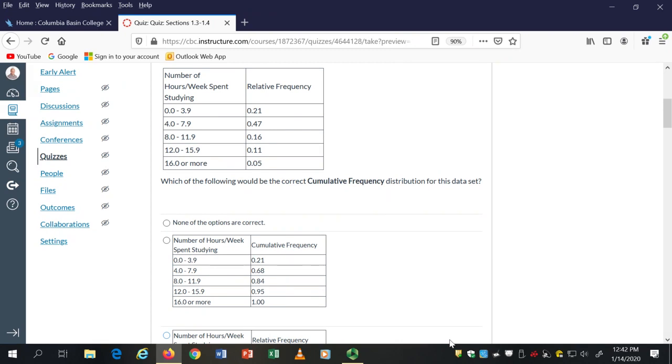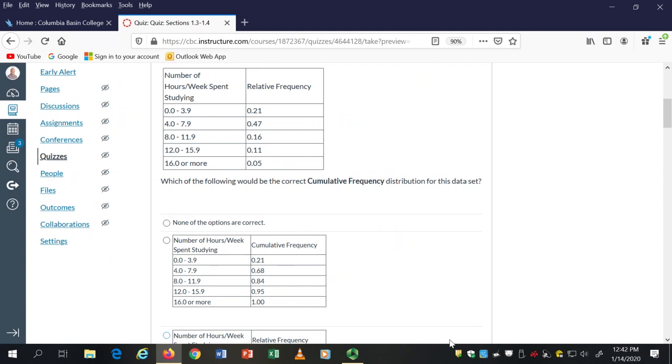If you bump up to 7.9, 47% are in that range, but 21% are also below that range. So at or below 7.9, there would be 68%. You basically combine them below that threshold, and that's how a cumulative distribution works.